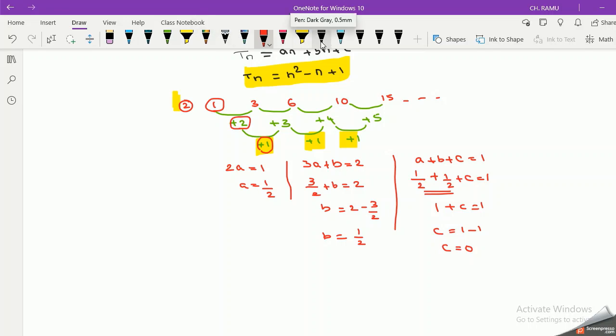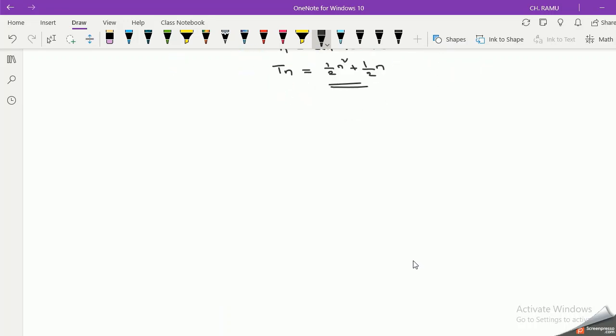As we know already, the nth term Tn is given by the formula an square plus bn plus c. So Tn is equal to 1 by 2 n square plus 1 by 2 n plus 0. This is the nth term of the sequence. I hope you understand. Let me go for another example.